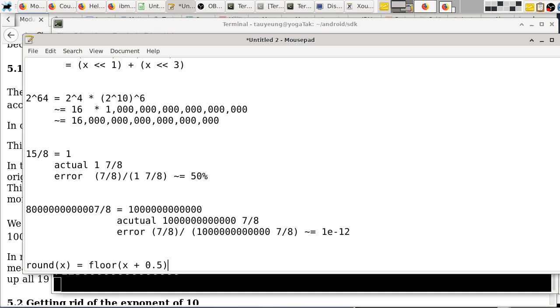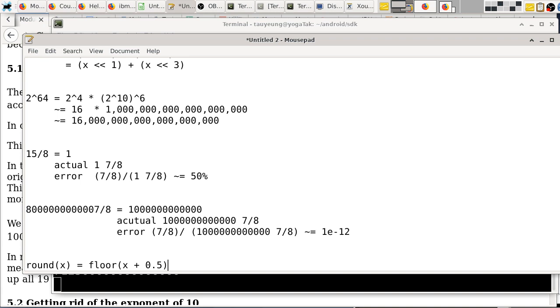Okay, let's check it. Does it make sense, right? So let's take the round of 1. And TAC claims that the round of 1 is the floor of 1 plus 0.5. Does it make sense? 1 plus 0.5 is 1.5. The floor of 1.5 is indeed 1. Okay, maybe it's a fluke. Let's try something else. 1.9, okay?